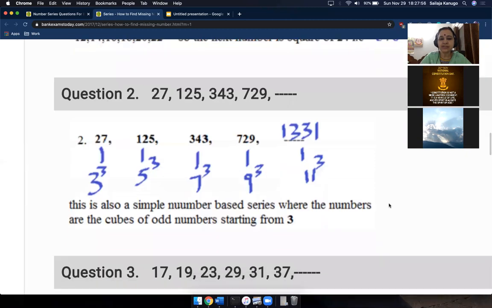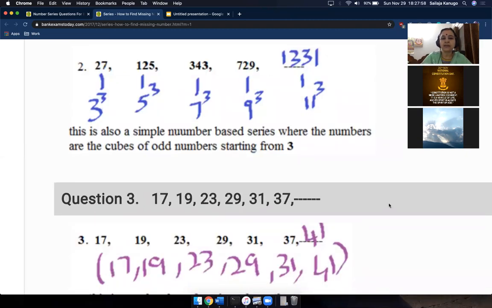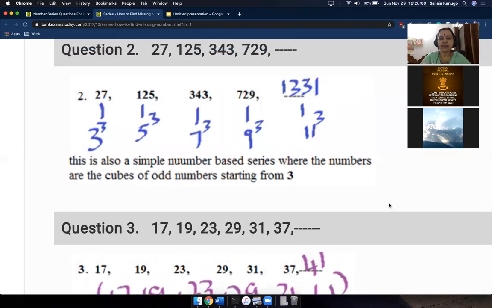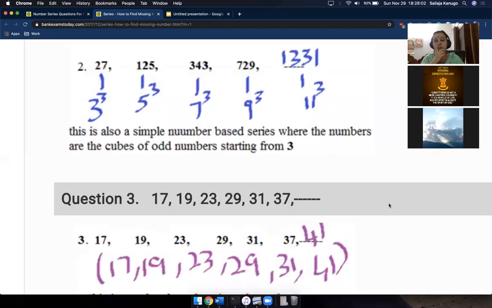Shall we go to the next question? I have question 3: 17, 19, 23, 29, 31, 37. First, as soon as I look at it, I subtract. The difference between the first two is 2, the next two is 4.